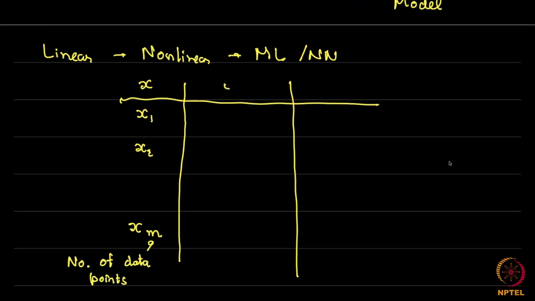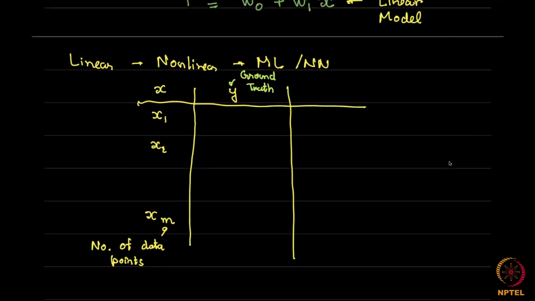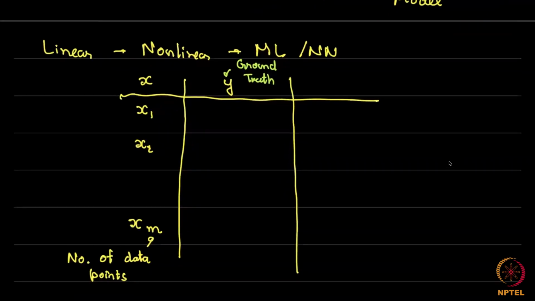Similarly, I have Y. Let's call this the ground truth. Now, this is not a language that is used as a standard language within the inverse methods community, but this is a standard language which is used within the machine learning community. I am going to stick with it because I expect that as you go further in your career and use these methods, you will encounter machine learning more and more. It is getting more and more common within science and engineering.